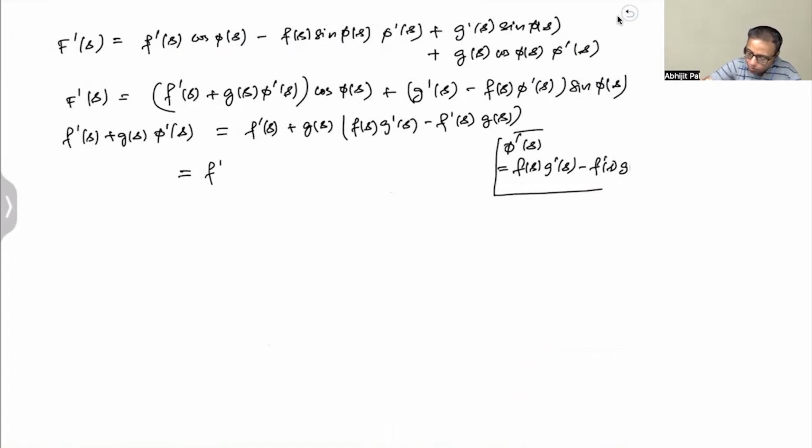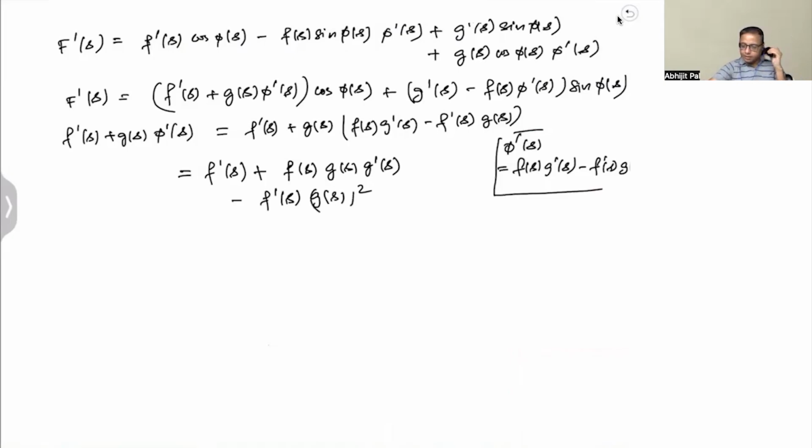So now this is equal to f prime s plus f s g s times g prime s minus f prime s g s square.